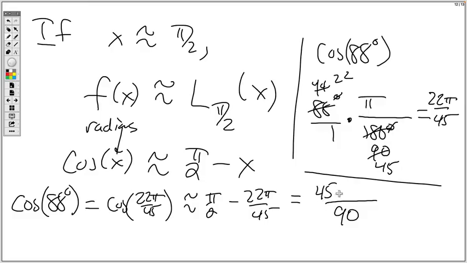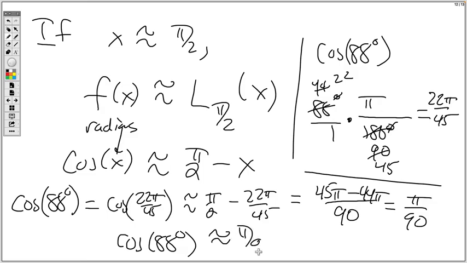So it'd be 45 pi's in the first one minus how many pi's in the second one? 44. So we're left with pi over 90. So the cosine of 88 degrees would be approximately pi over 90. And we can check that, of course.